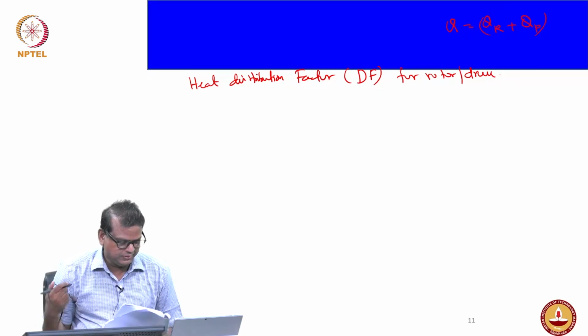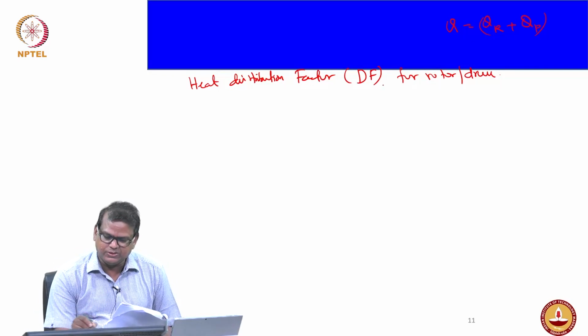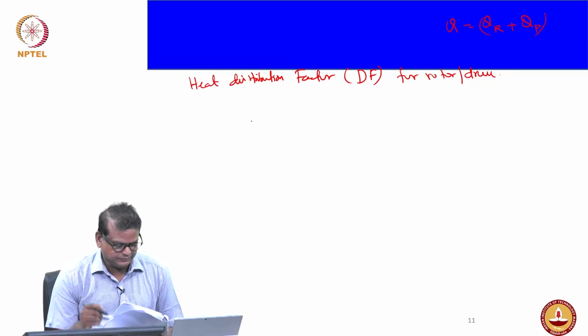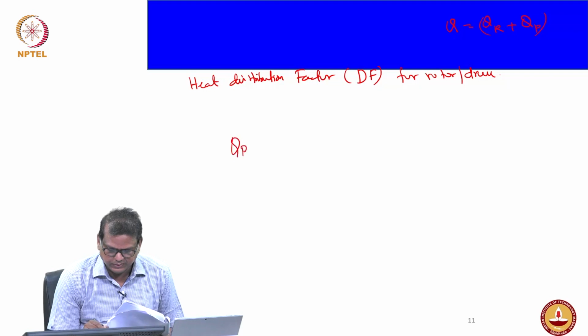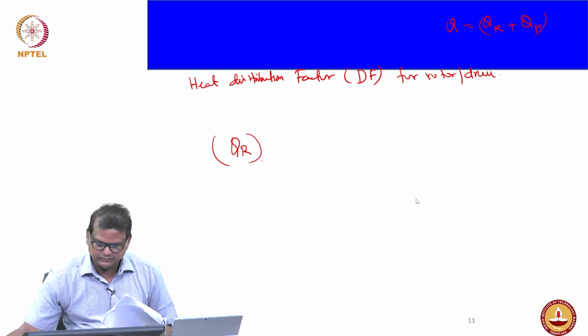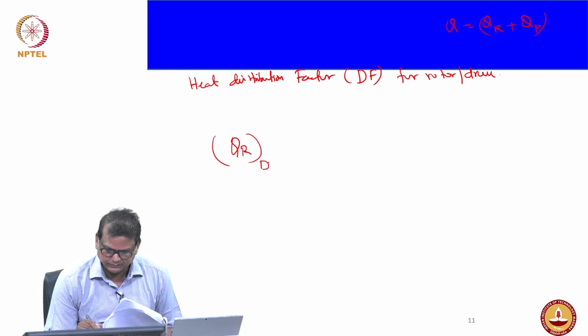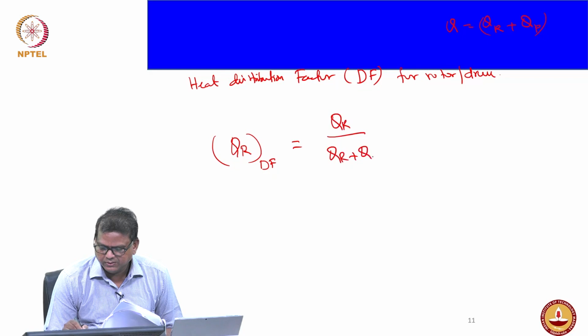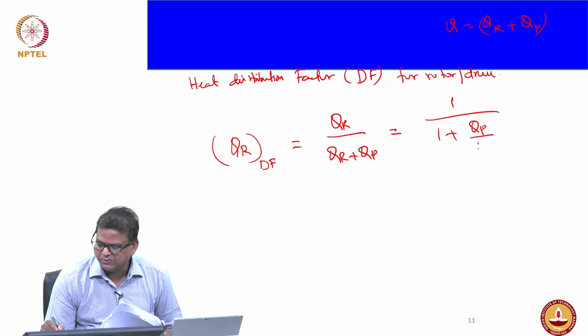So the heat distribution factor for the rotor, dF, equals Q_R by Q_R plus Q_P, which we can rewrite as 1 by 1 plus Q_P by Q_R.